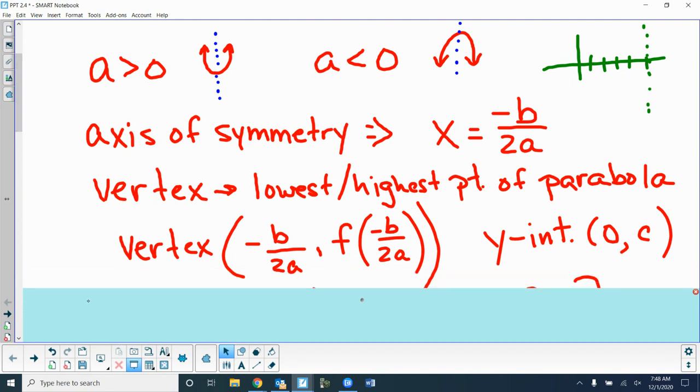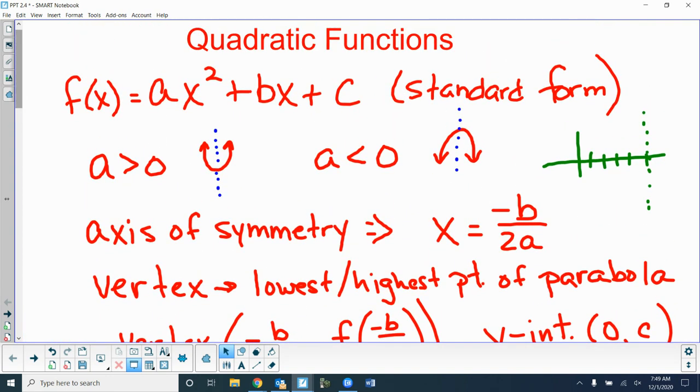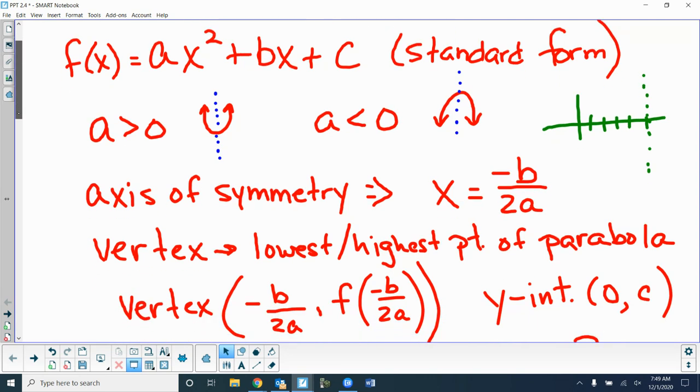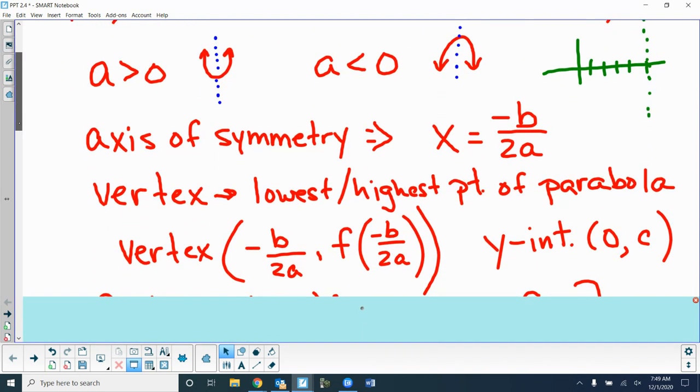The x value of the vertex is whatever you got for the axis of symmetry. So let's say it was x equals 3 when you were done using that little formula. The vertex would have 3 in that spot, and then f of 3, meaning you put 3 in for x up here and figure out what f of x is. That's the y value of the vertex.